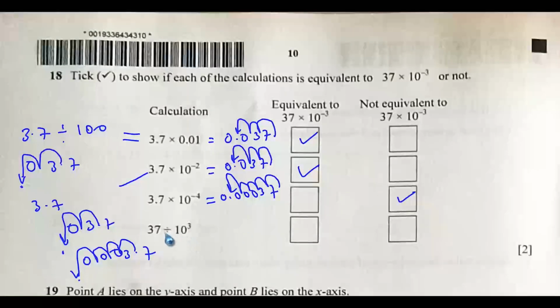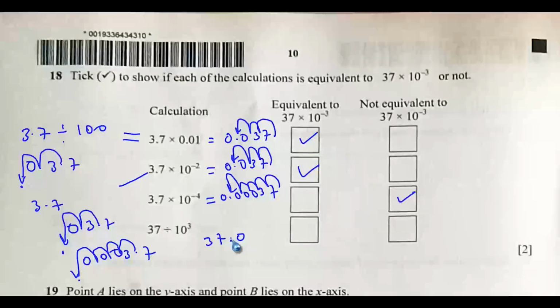And the last one, you have 37 divided by 10 to the power of 3. Okay, so if you do this, let's divide this. We have 37. Okay, and the decimal point is here, you can write it as 37.0. So if you divide by power of 3, the decimal point has to shift backwards.